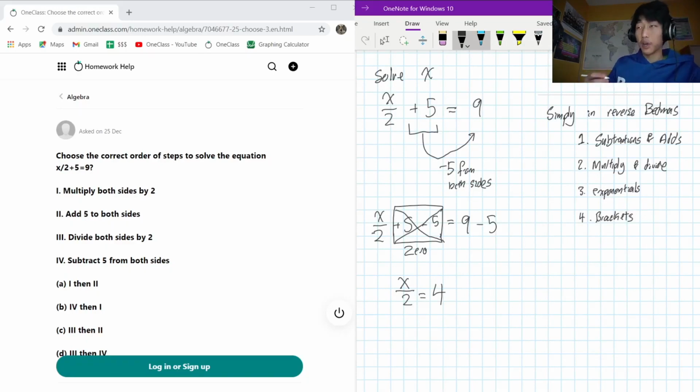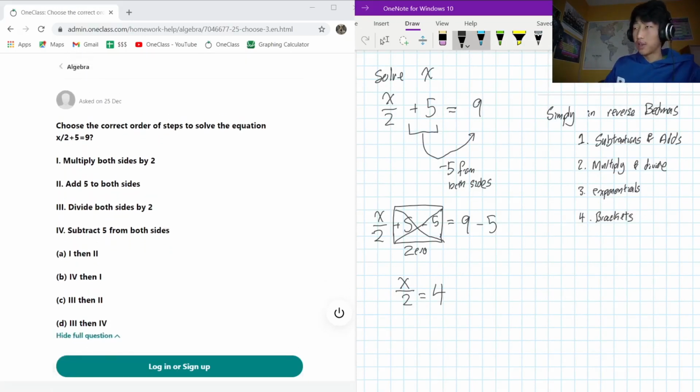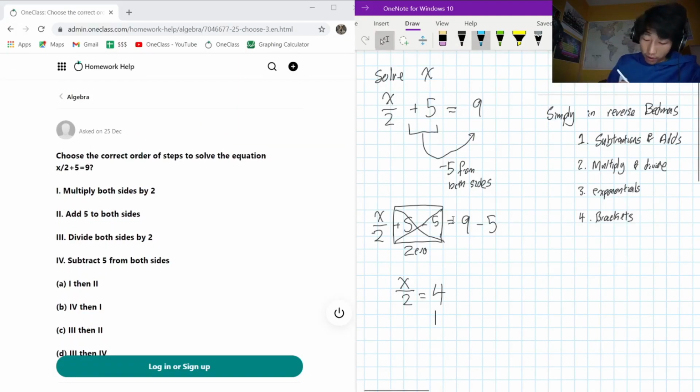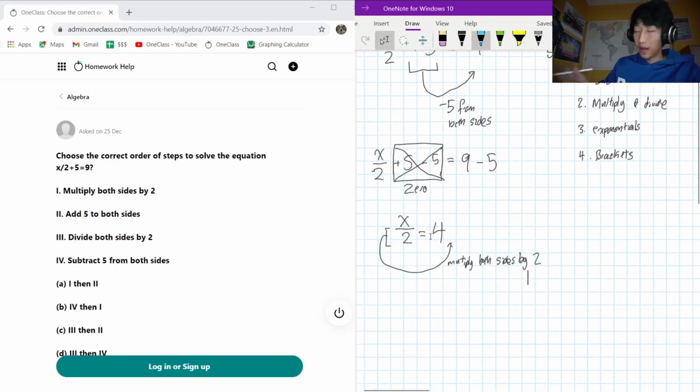Okay, so after this, what we want to do is bring the 2 over, multiply both sides by 2, and we will have a situation like this. So we'll have 2 times x over 2 is equal to 2 times 4.